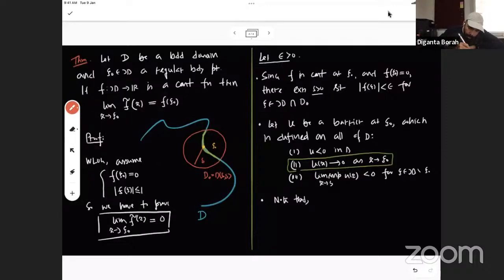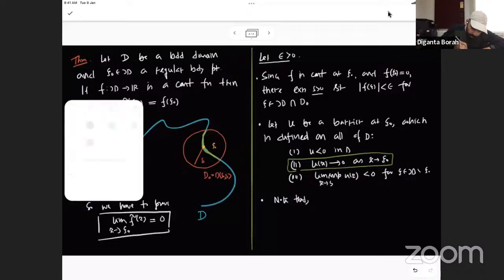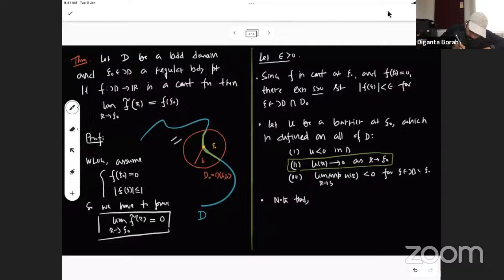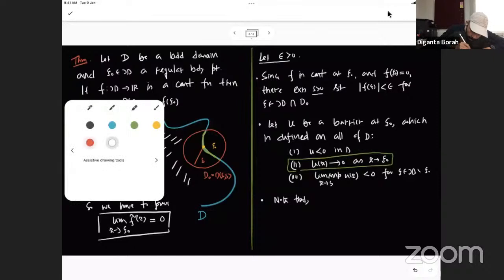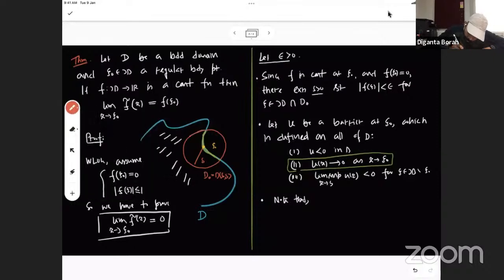Let's look at the complement of this disk. Let's use another color here. The function u is continuous here up to this red part, right? So I want to consider this closed region: this boundary circle and anything outside the disk, including the rest of the boundary.